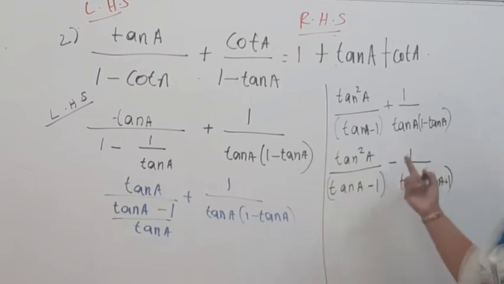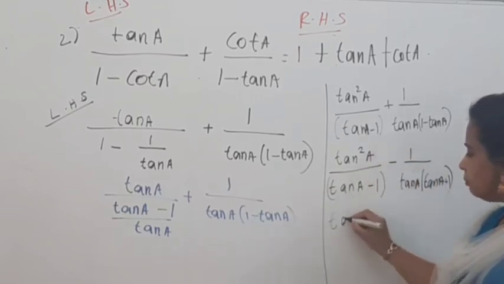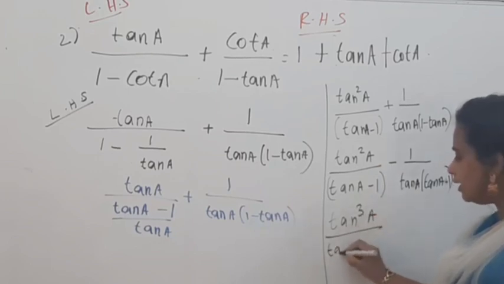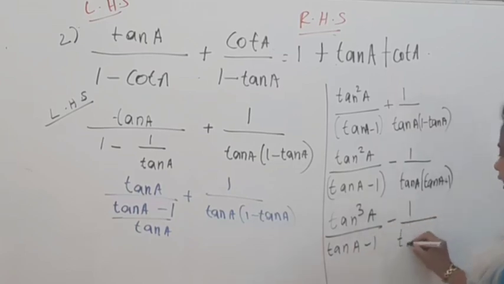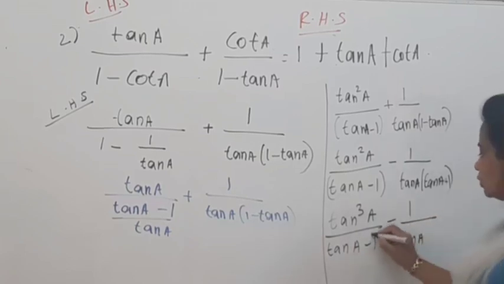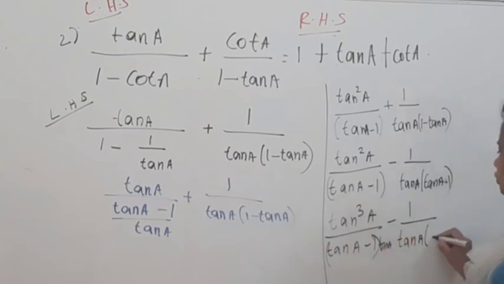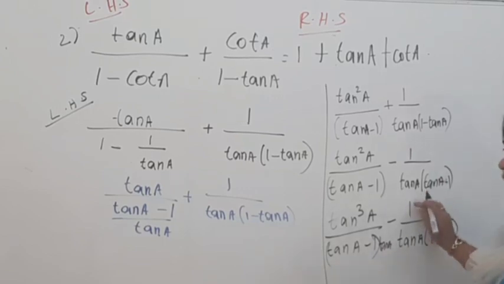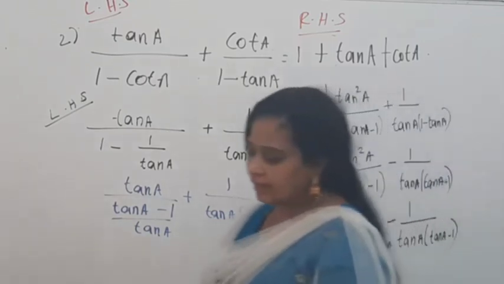Tan A minus 1 is already there, so I have to multiply only by tan A. So this becomes tan cube A by tan A minus 1, and this is also into tan A, and tan A into tan A minus 1. I have taken the LCM. So here I don't multiply. Why? Because in this term there is already a tan A term.